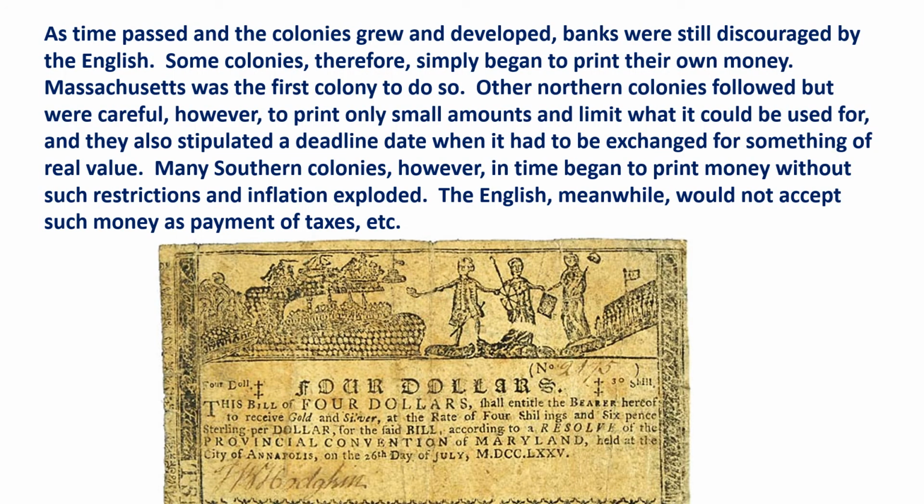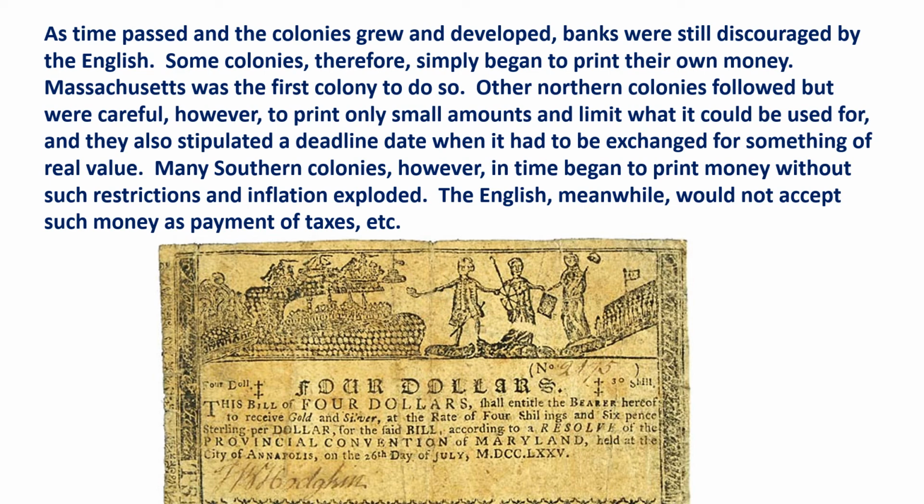As time passed and the colonies grew and developed, however, banks were still discouraged by the English, but in some colonies, they simply began to print their own money. Massachusetts was the first colony to do so. Other northern colonies followed, but they were always careful to print only small amounts of that paper money, and they could limit what it could be used for.